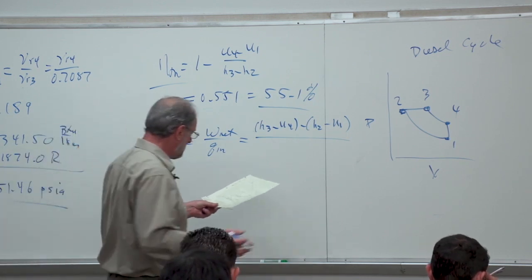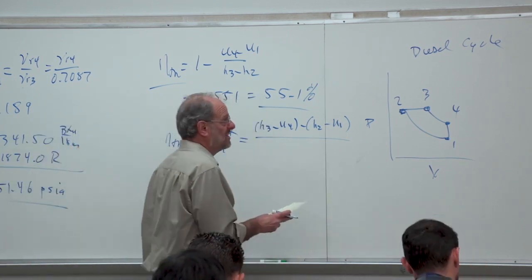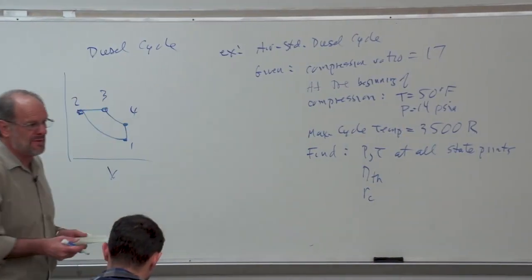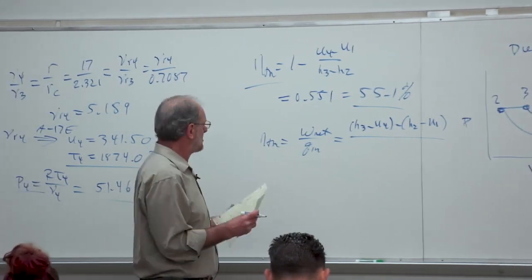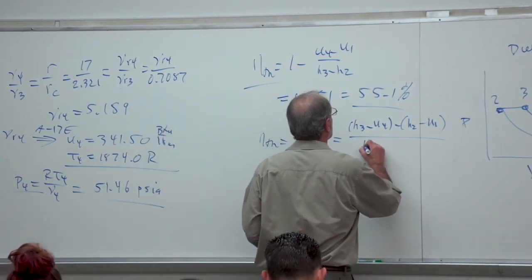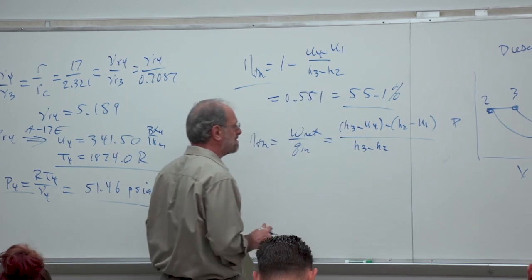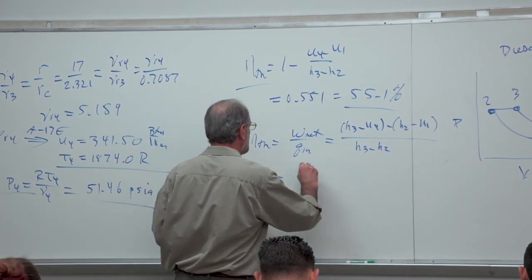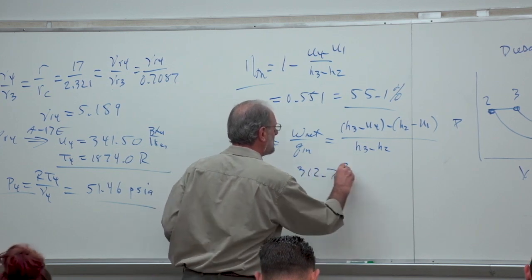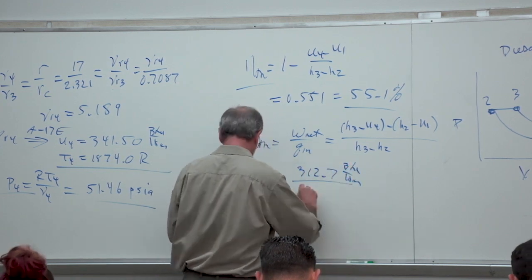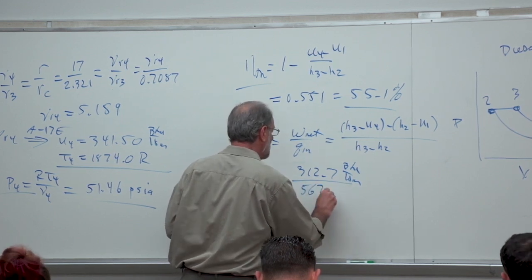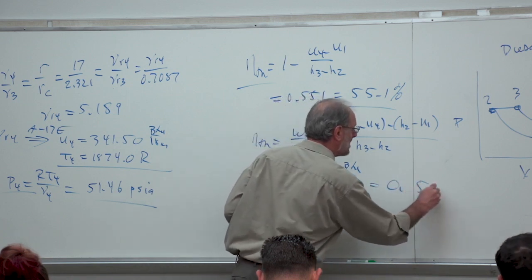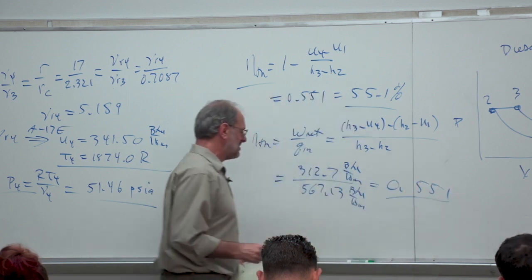And we also know that the heat input is just, well, the heat input, have we calculated it? No, I guess we never specifically calculated it, but it's just the heat input during the constant pressure process, right? H3 minus H2. So again, you can go through the math. We get 312.7 BTUs per pound mass in the numerator. We get 567.13 BTUs per pound mass in the denominator. And we get exactly the same result.